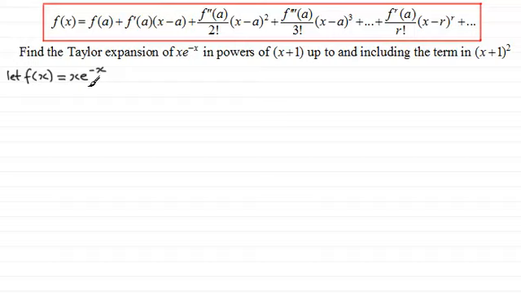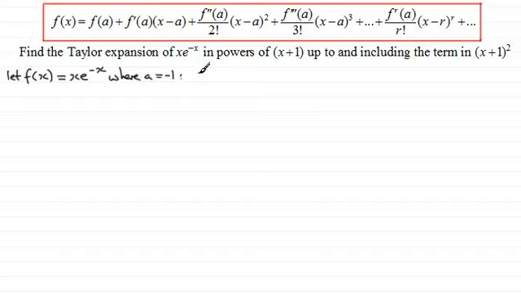Now, if we're going to expand this in terms of x plus 1, then comparing x plus 1 with x minus a, a would have to be negative 1. So we're going to put here where a equals negative 1.